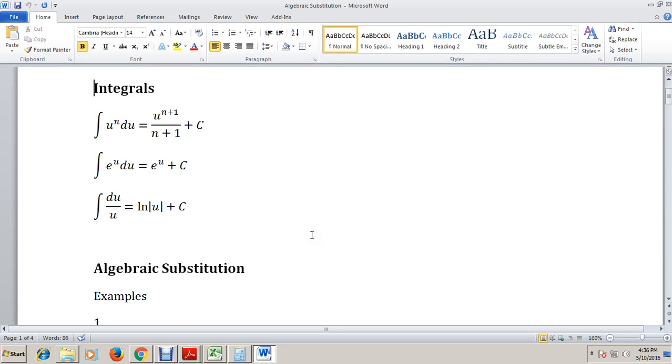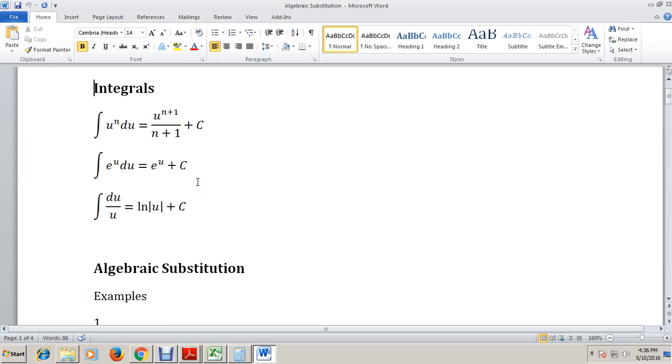For this topic, we will be using a few of the common formulas for integrals. We have the power formula: the integral of u raised to n du. Whenever we encounter this form, the resulting integral is u raised to n plus 1 over n plus 1, plus c.